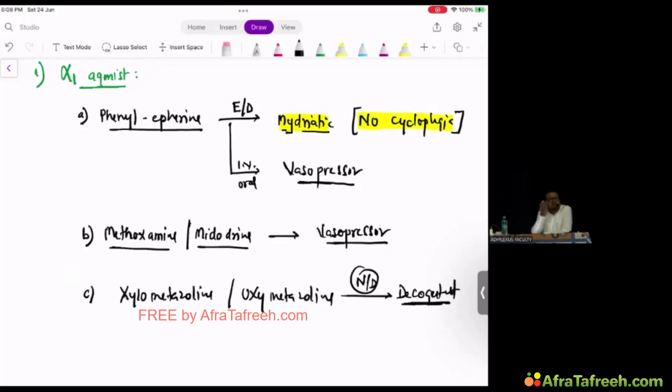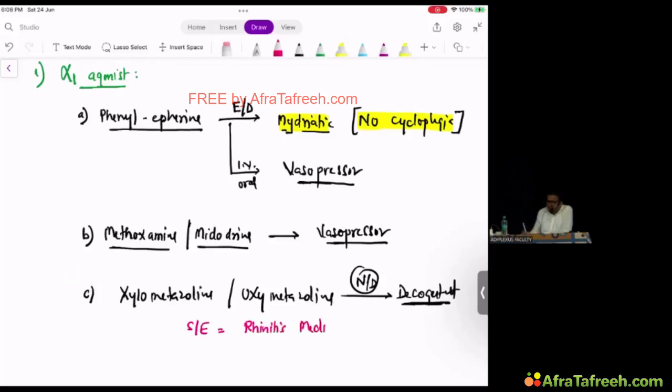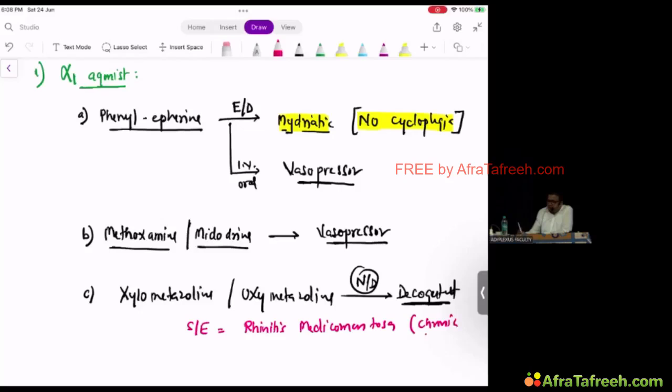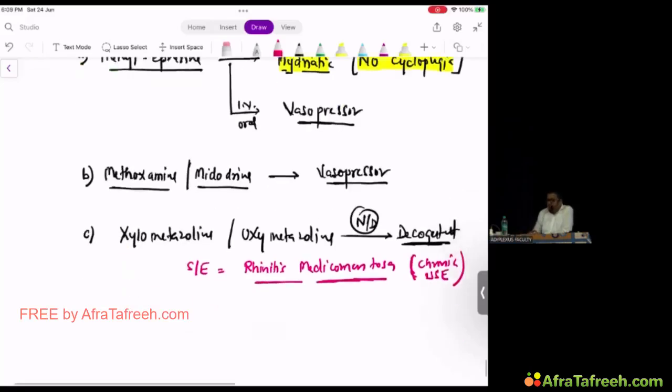They constrict the nasal mucosa and the congestion goes away. These drugs have side effect of causing rhinitis medicamentosa on chronic use. They can cause atrophy of the nasal mucosa on chronic use. Do not use them for long term. Use them for short term.